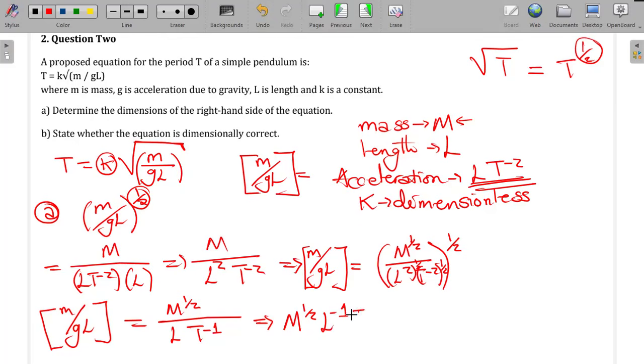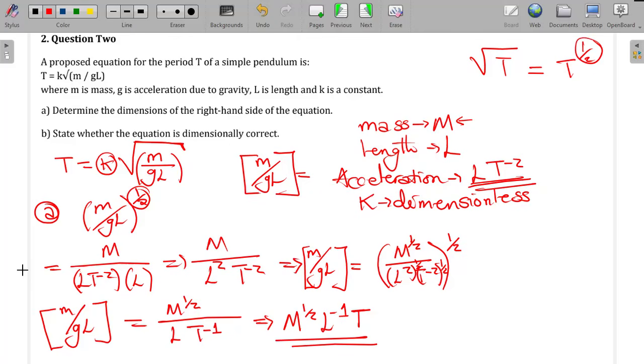Then what will happen to t, which is initially having a power of negative 1 already? It's going to be positive. We take it to the top here, it's going to change the sign of the power. So these are our final dimensions of this particular expression.